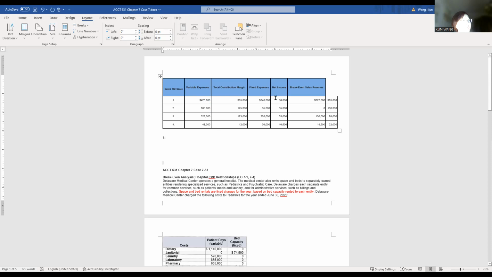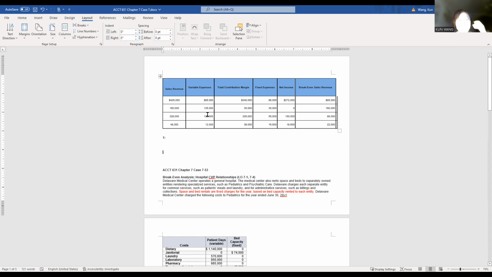And so we work backwards. If you know the net income and you know the fixed expense, we can calculate the total contribution margin. Let me move the numbers. Yes, now I think it's right. So what do you know and what are you trying to solve?